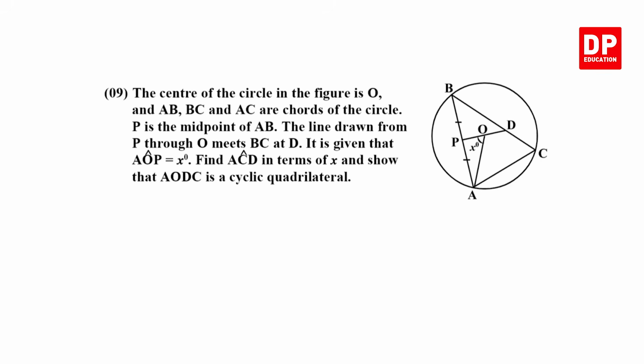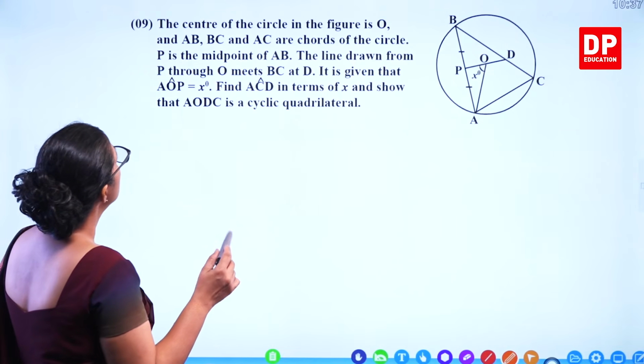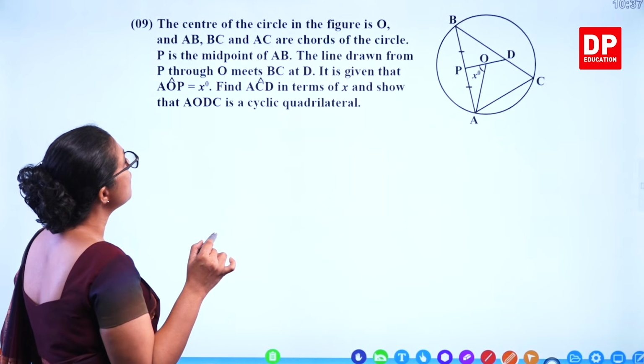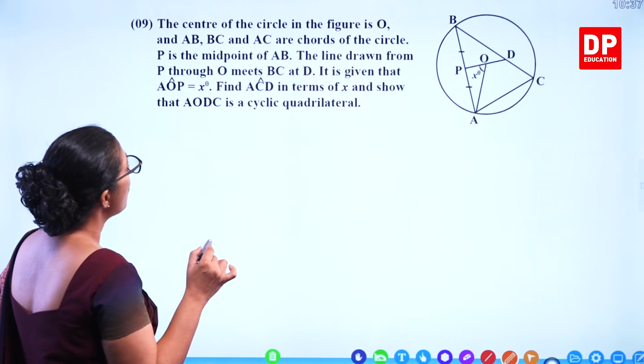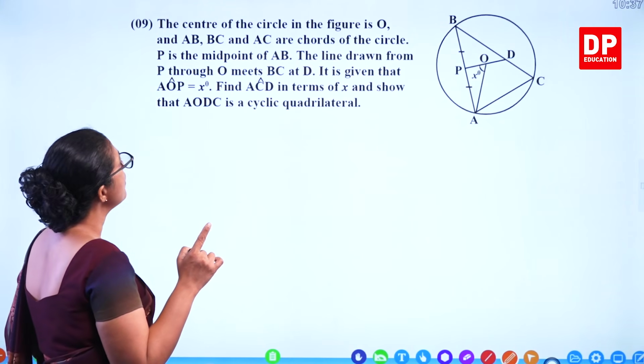Now you can try question number 9. This is about proofs actually. The center of the circle in the figure is O, and AB, BC and AC are chords of the circle. P is the midpoint of AB, already marked.